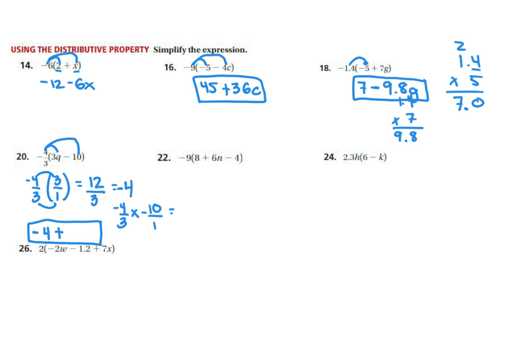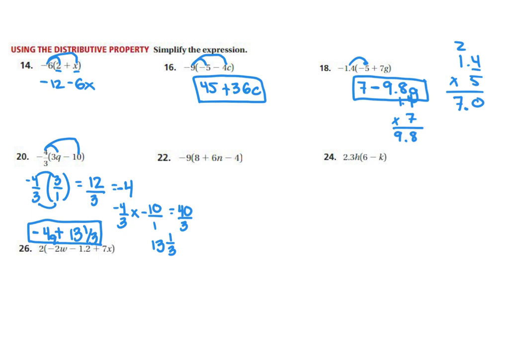So we'll do 4 times 10 is 40, and 3 times 1 is 3. 3 goes into 40 13 times with 1 left over. So here we have negative 4, and oops, I forgot the variable, negative 4q plus 13 and 1/3.